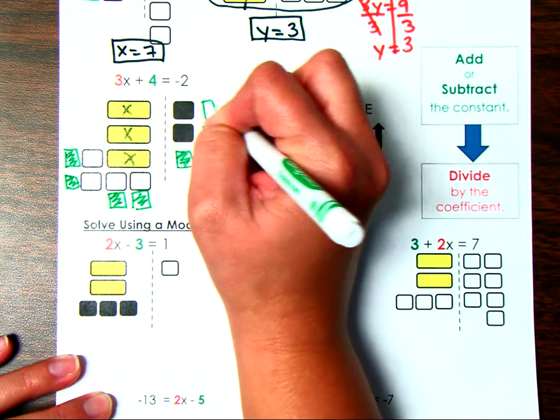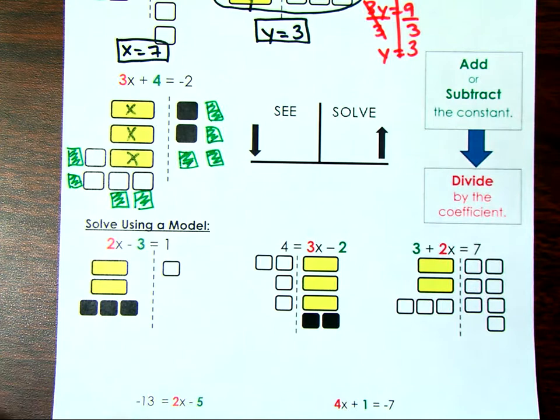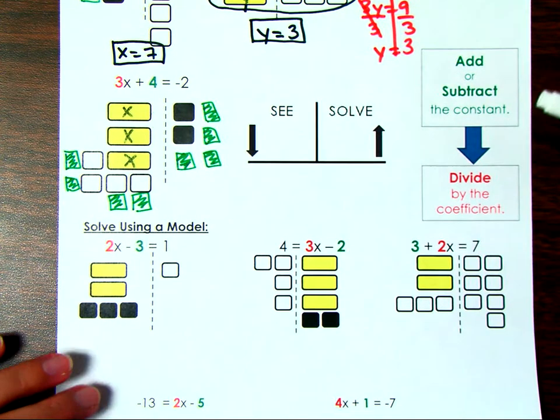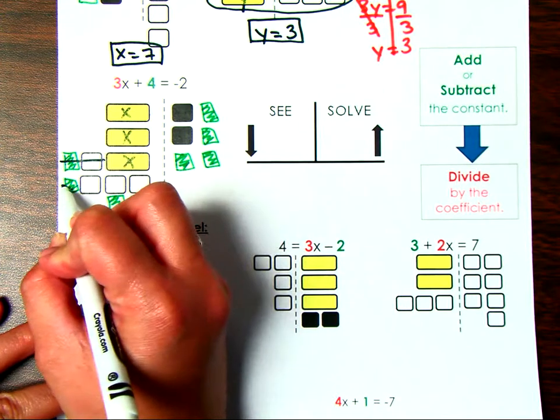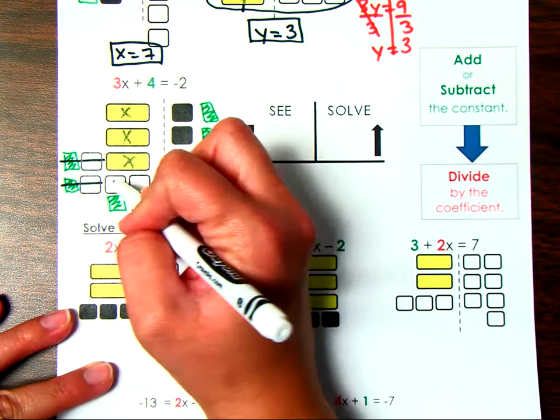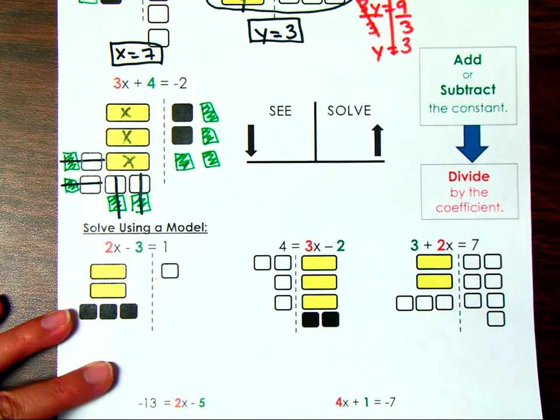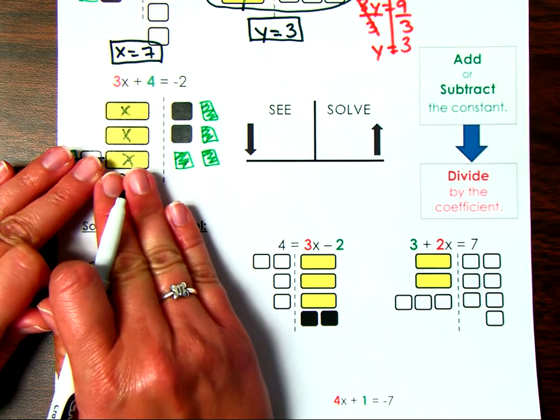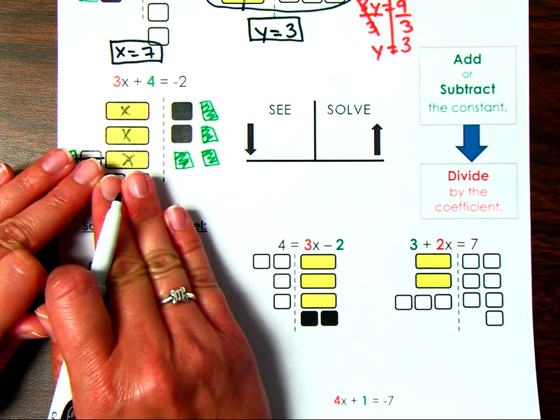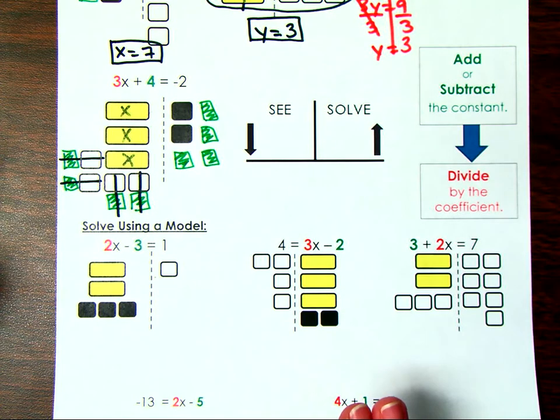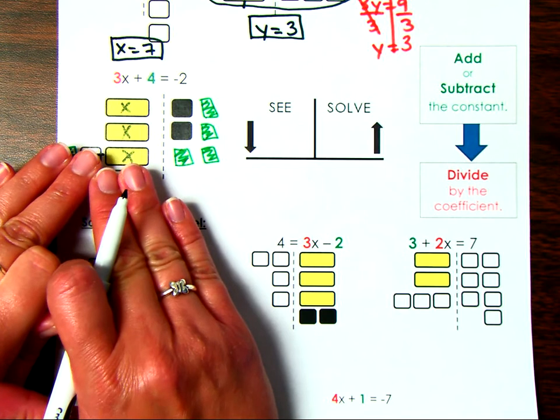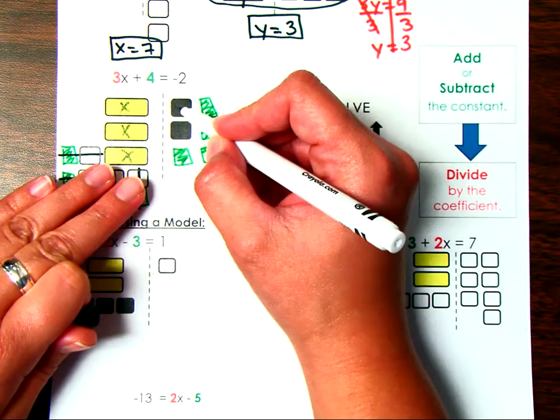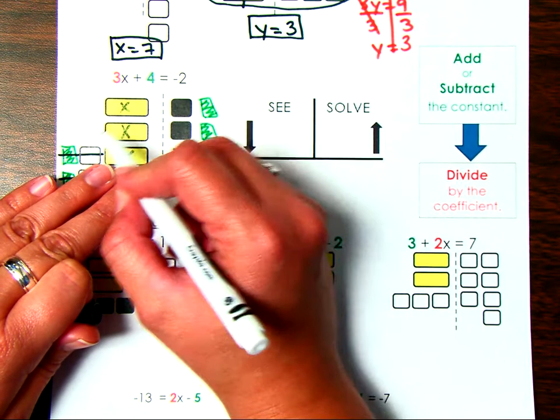Okay? And I'll come back to this part in just a minute. Now we create zero pairs, a positive and a negative, however you want to say it, cancel out. And that's what we want because we're one step closer to getting those x's by themselves. So there was 3 x's and 4 positives, but now because we created zero pairs, we have 3 x's not sharing 2 negatives because what we did to one side we had to do to the other.